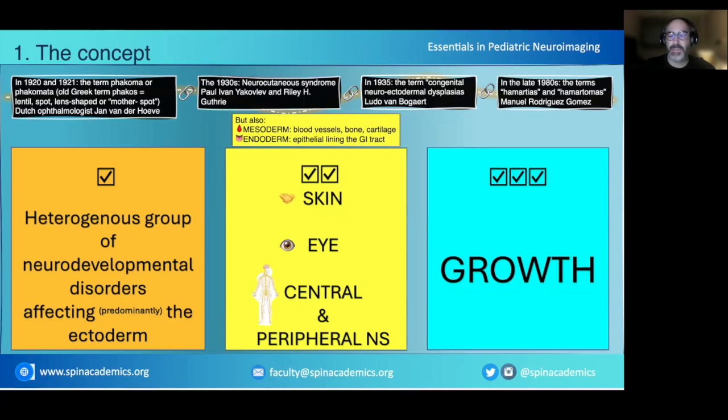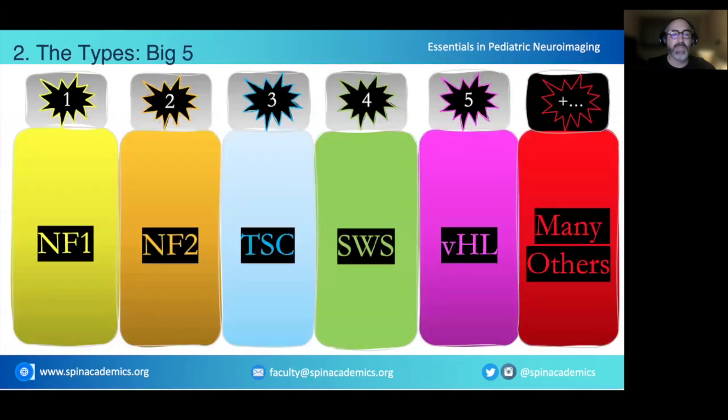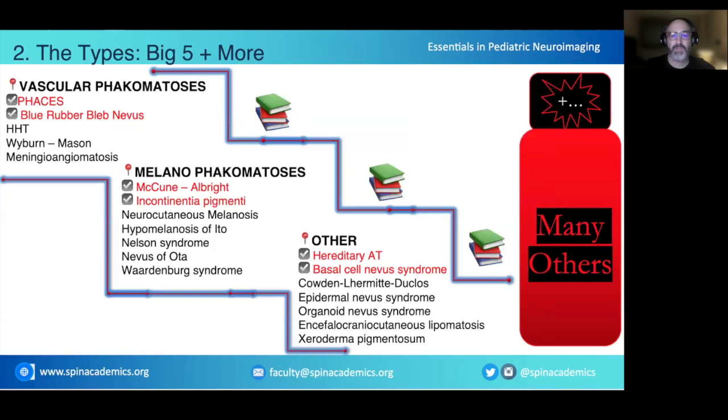That means tumors and malformations in any of these parts that I mentioned before. So which are the main types, or I call it the big five: NF1, NF2, tuberous sclerosis complex, Sturge-Weber syndrome, von Hippel-Lindau, and many others. And many others means a lot of many others.